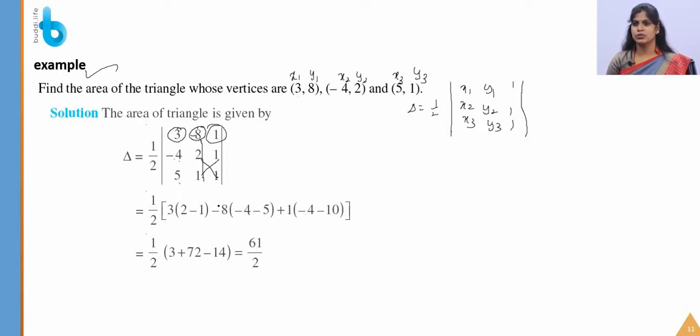So 1 by 2 into the sum, which on simplifying gives 61 by 2 as the area of the triangle. Since it is area, you will write square units. I hope you understood the problem. We will move on to the next concept.